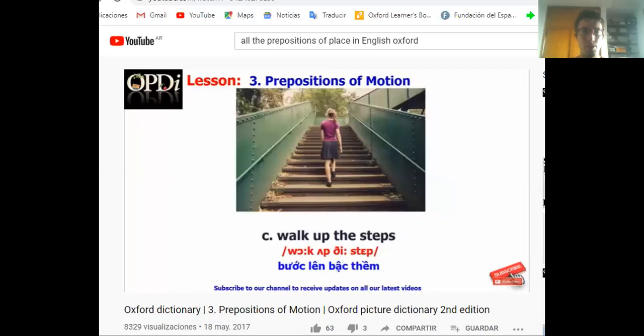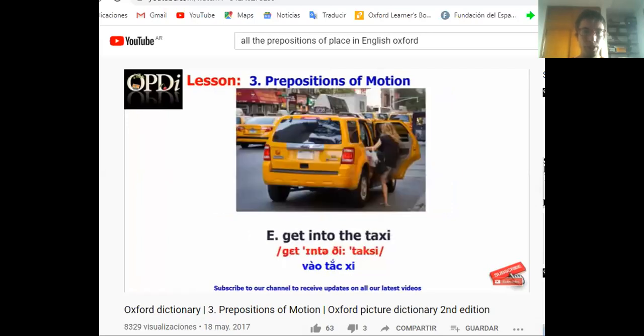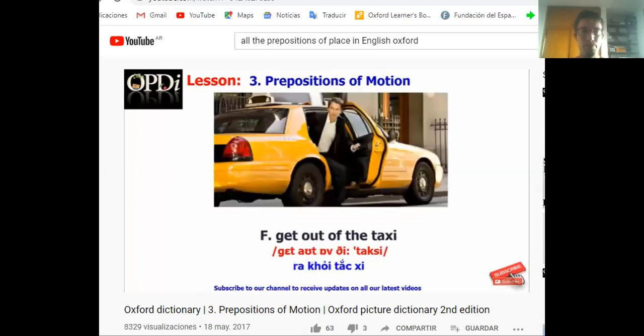Walk up the steps. Walk down the steps. Get into the taxi.